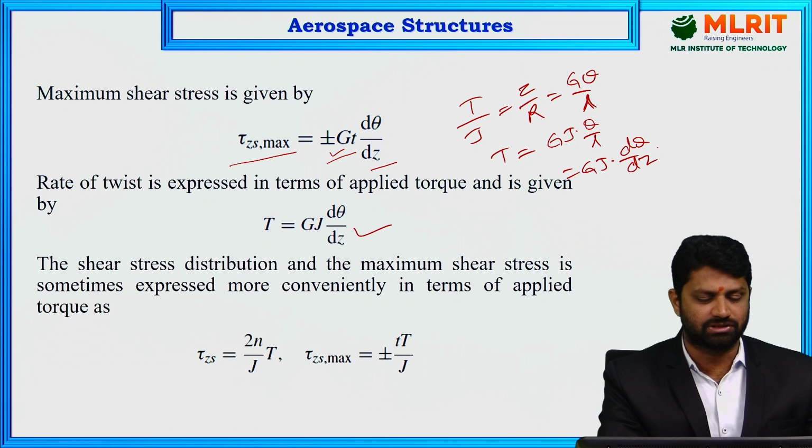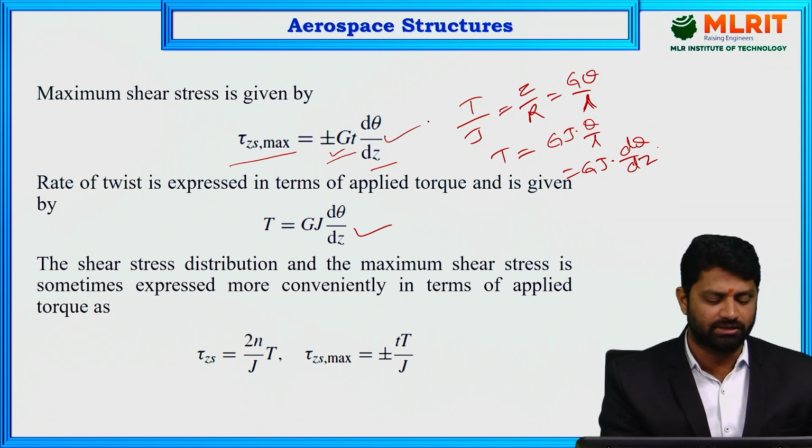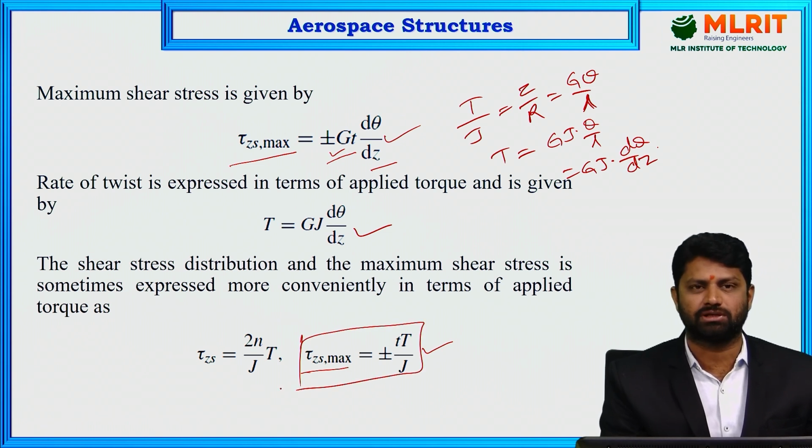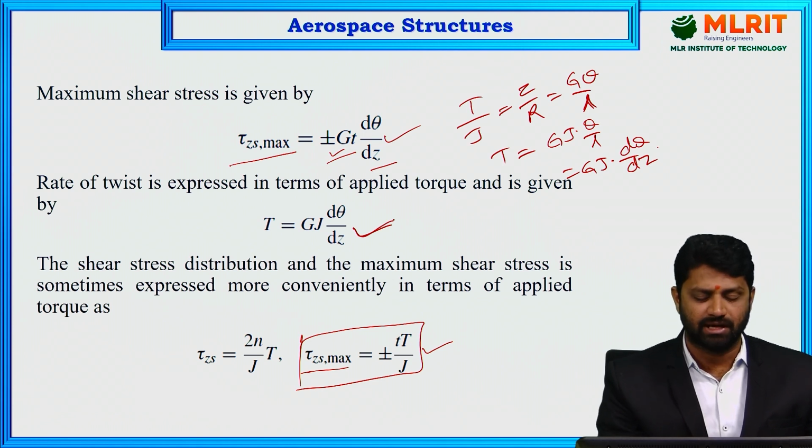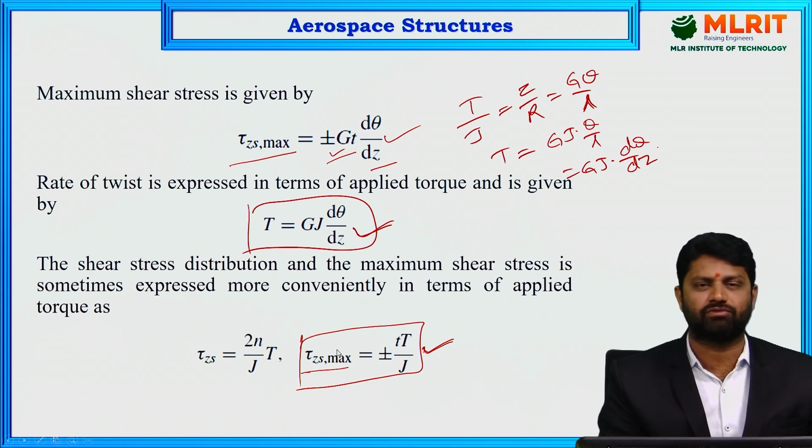So the maximum shear stress will be expressed as tau Zs equals 2n by J into T, or the maximum shear stress, tau Zs maximum, equals plus or minus t into capital T divided by J. This is the formula we are going to use for open section beams subjected to torsion, that is the maximum shear stress. So formula one is the torque T equals GJ into d theta by dz, and for the maximum shear stress we use this formula. These two formulae will be used for the torsion of open section beams.